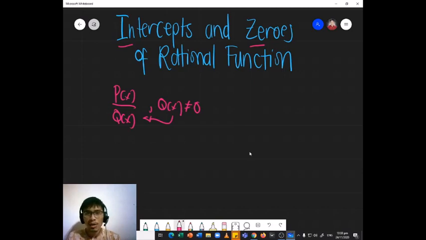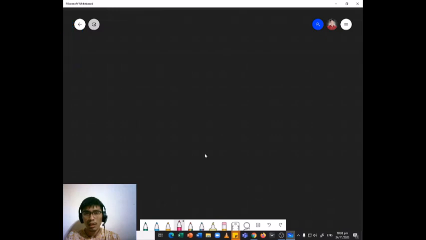This time around, let's talk about intercepts and zeros of a function. What are these two things, and how do they help us understand rational function more? Let's begin with the intercepts of rational function.